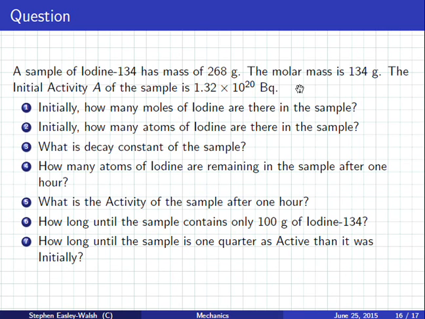The molar mass is 134 grams. And the activity at the beginning is 1.32 times 10 to the 20 Bq. What letter do we use for the activity at the start? A0. So A0 is 1.32 times 10 to the 20.